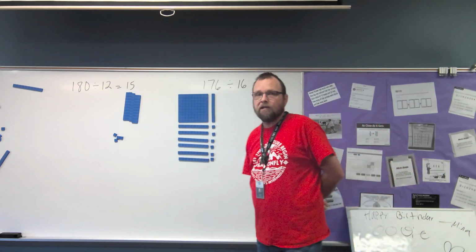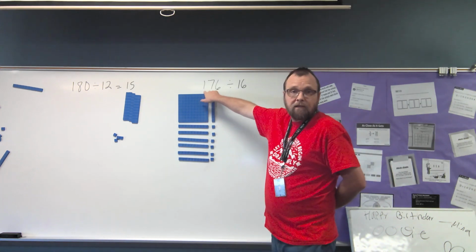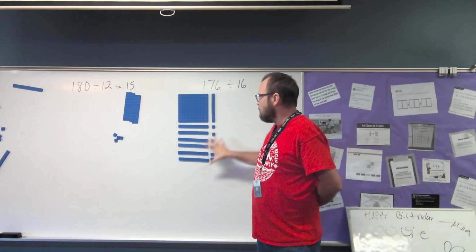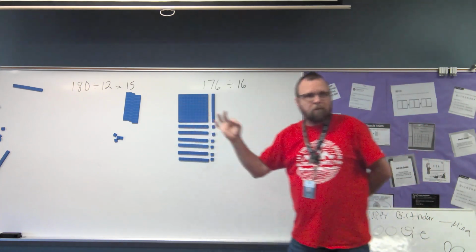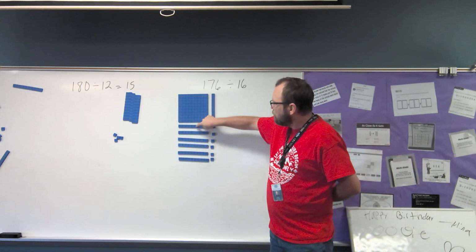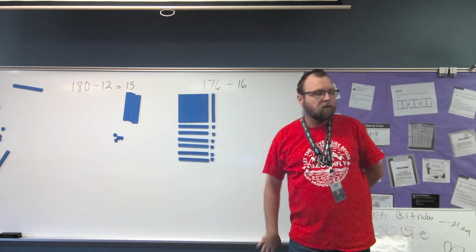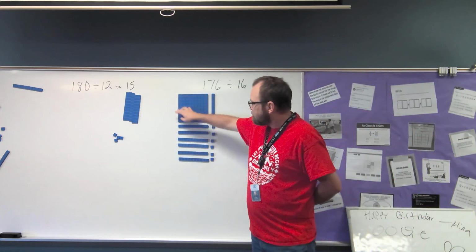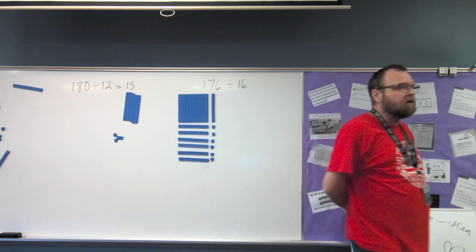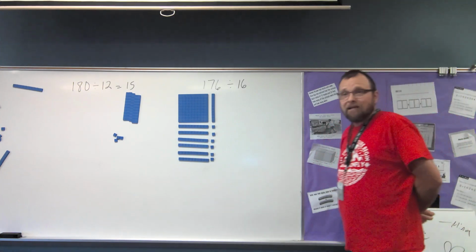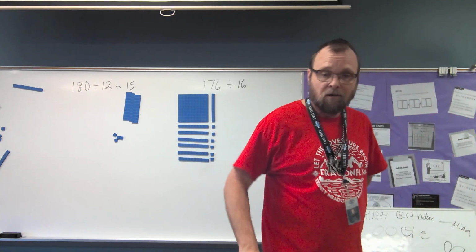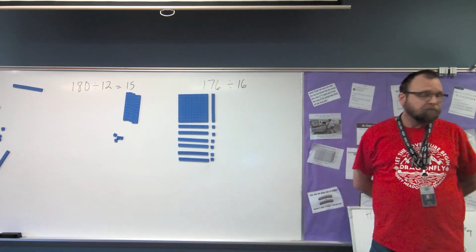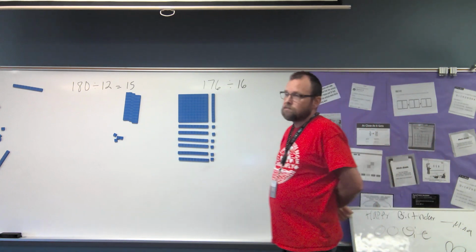Good. 176, which is what my dividend is. My dividend is the number of individual pieces of 1. That's 100. Then we have 10s. Then we have 1s. So I have 176. I'm dividing it by 16, so I need 16 in each column. My answer is how many columns there are. And Garvin's going to tell me how many columns there are. 11. There are 11 columns.